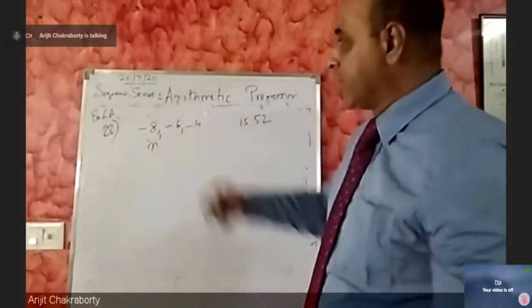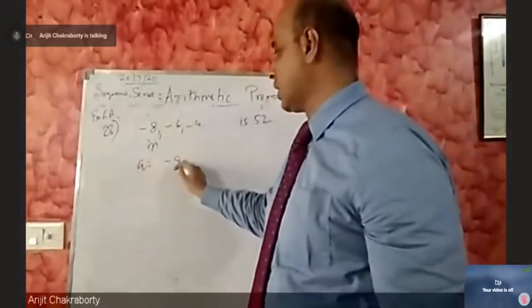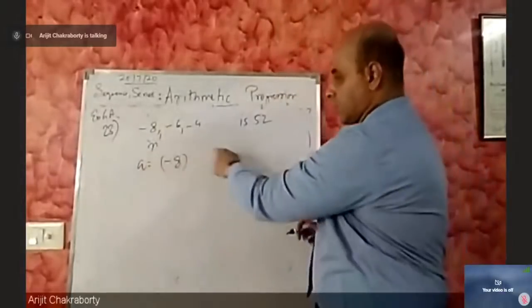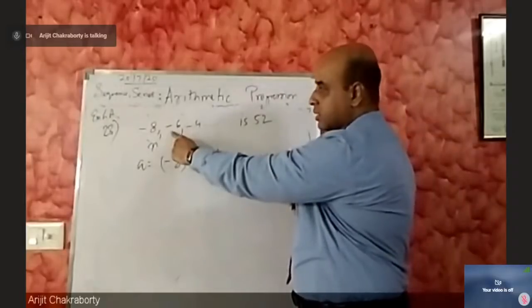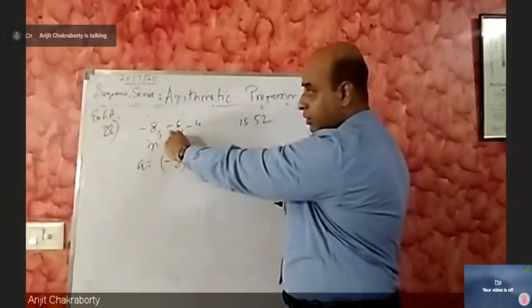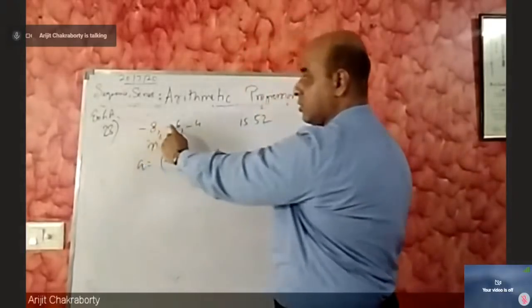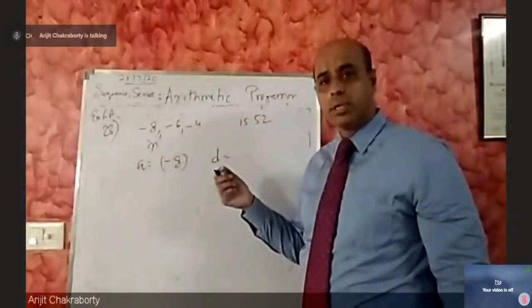Okay, so here we can see a is equal to minus 8, clearly it is given. Common difference d is how much? D is minus 8, minus 6.